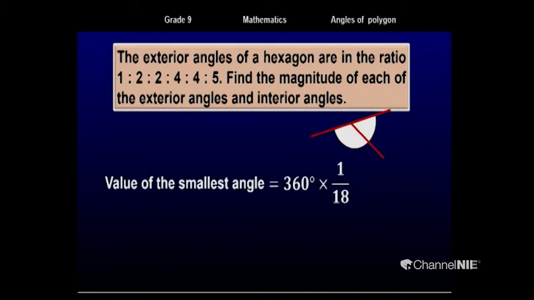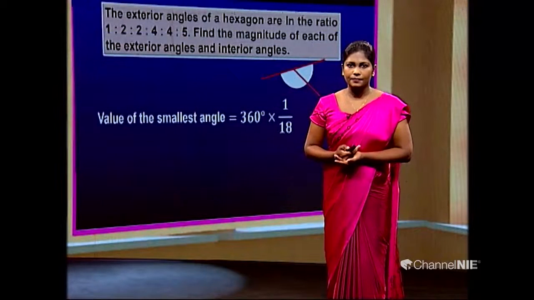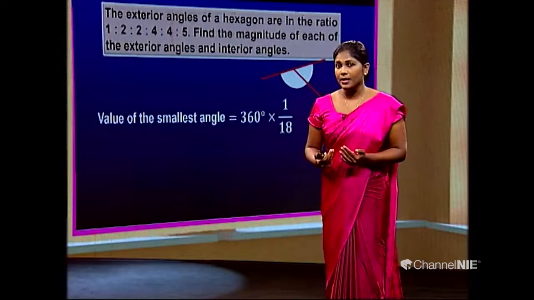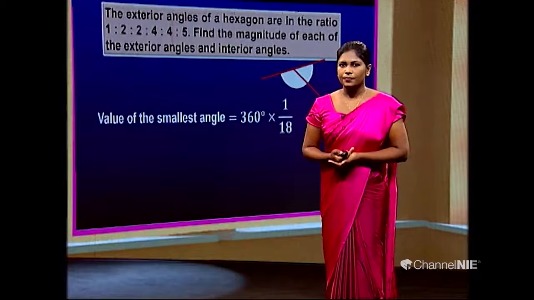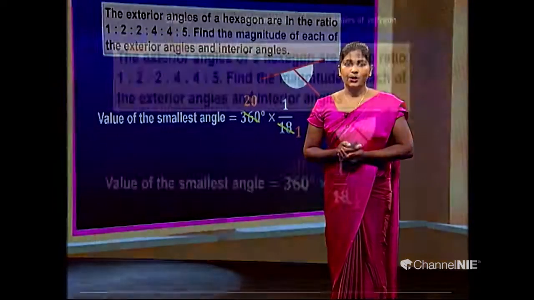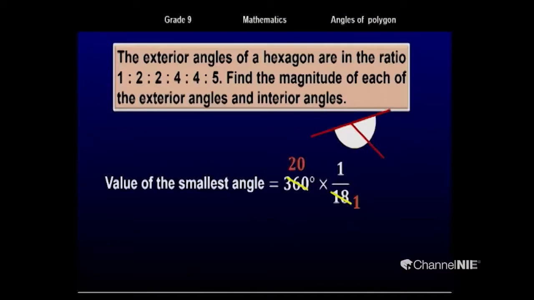Then you can take one part of this angle, that is the smallest angle. What is the value of 360 divided by 18? You can divide 360 degrees by 18, then 20 degrees. In this hexagon, the smallest angle is equal to 20 degrees.